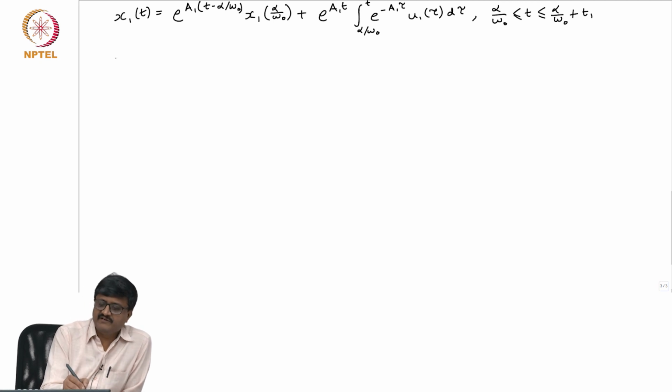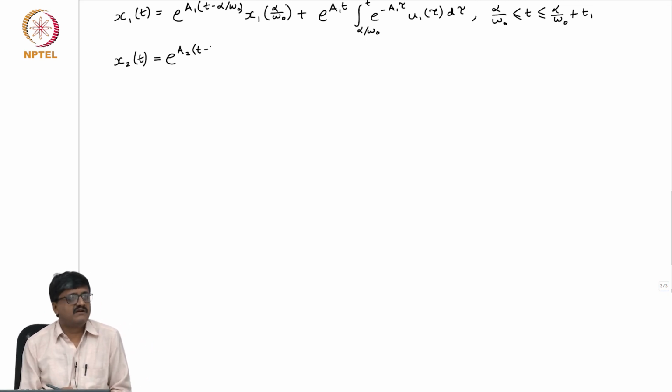Similarly, for the second subinterval, the solution is x2 of t is exponential a2. Now, the initial condition is at what time?